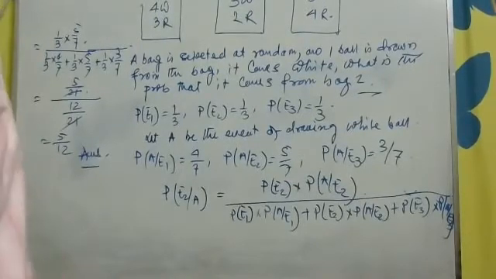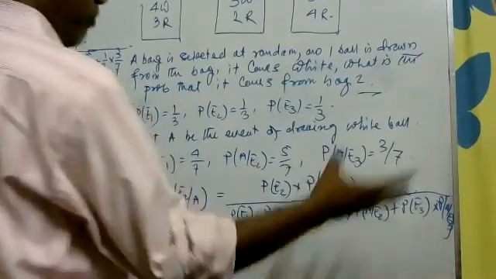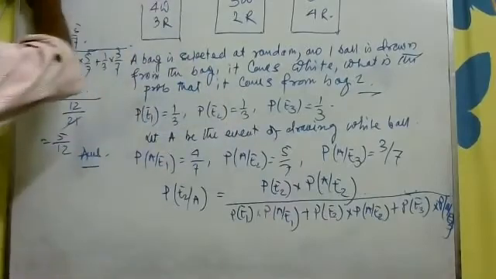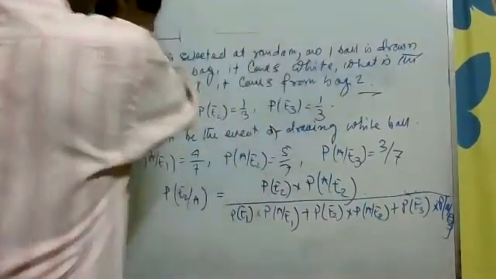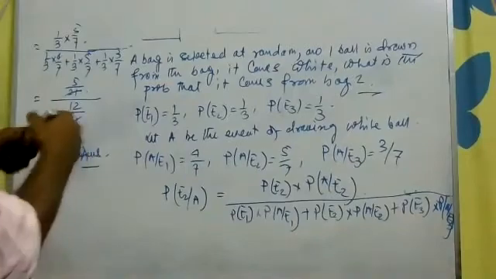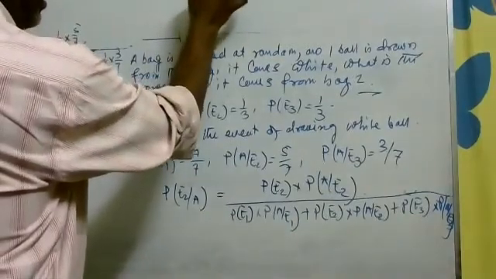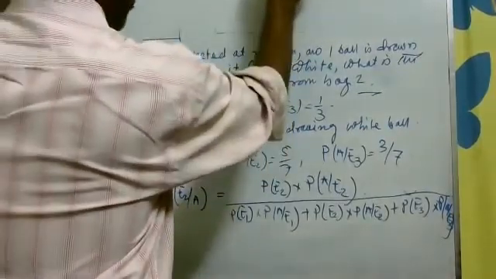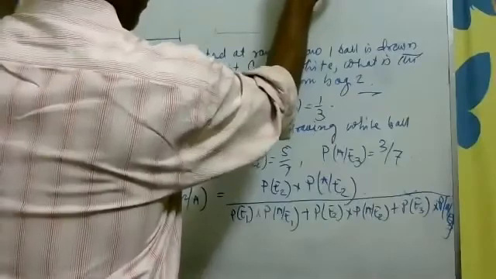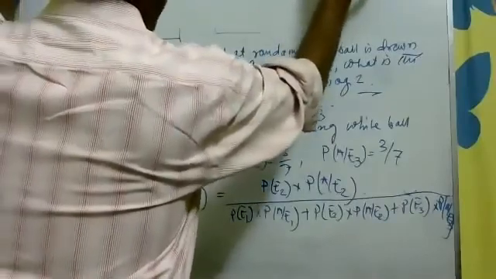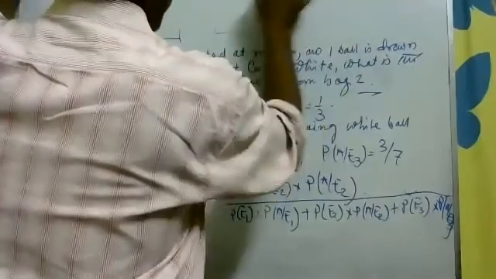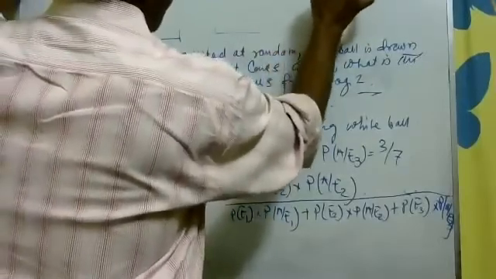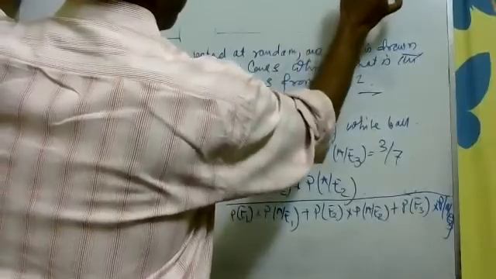Now the thing is, if I summarize this equation into the formula, what do I get? Probability of Ei by A is equal to probability of Ei into probability of A by Ei, this whole thing divided by the summation of probability of Ei into probability of A by Ei.